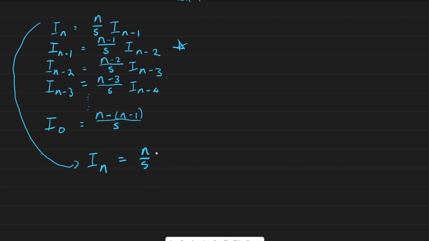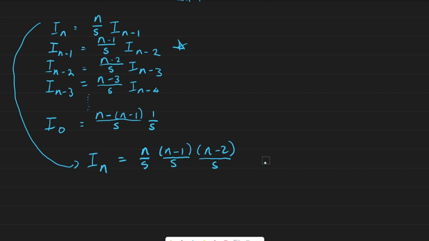What I'm left with is this n minus 1 divided by s times I_(n-2). Sorry, there should be a 1 over s here as well. This I_(n-2) is now this n minus 2 over s times I_(n-3). So I can replace that there. So I have n minus 2 divided by s times I_(n-3).